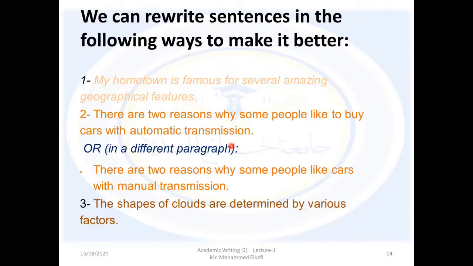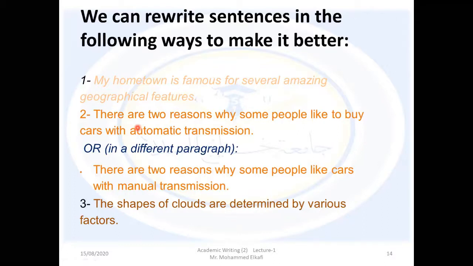Good? Okay. So here, as you see, we use in this sentence a topic, which is cars with automatic transmission, and a main idea. What is the main idea here? The two reasons.